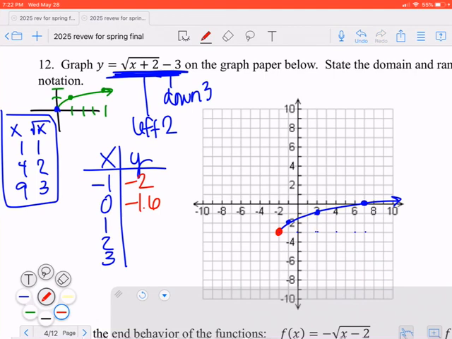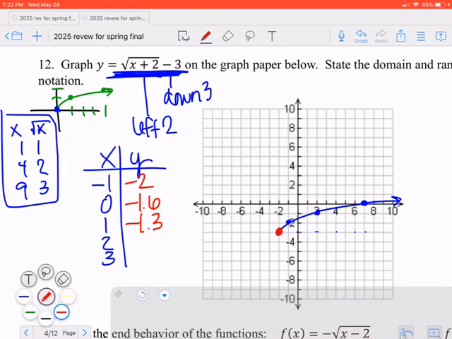I just need my calculator to clear out. And it won't cooperate. What am I doing? 1 plus 2 is 3. So we have the square root of 3, and then minus 3 equals negative 1.3. Plugging in a 2. 2 plus 2 is 4.